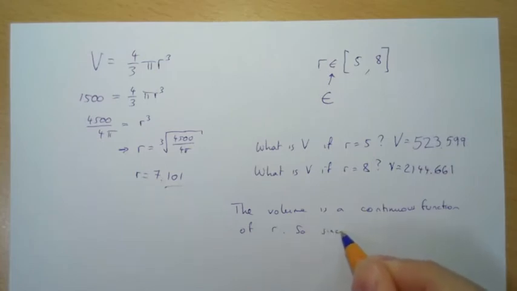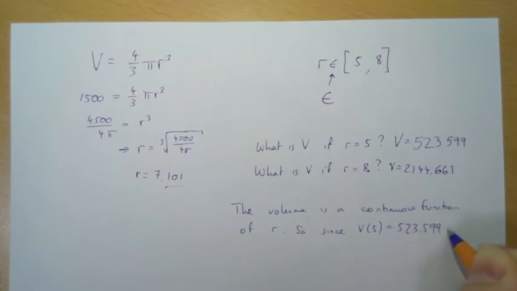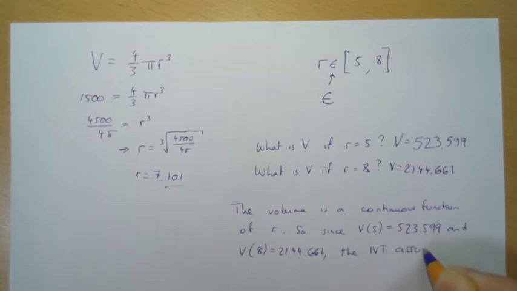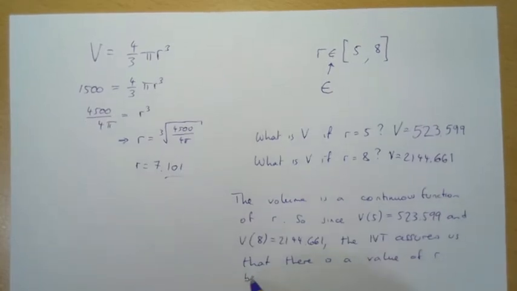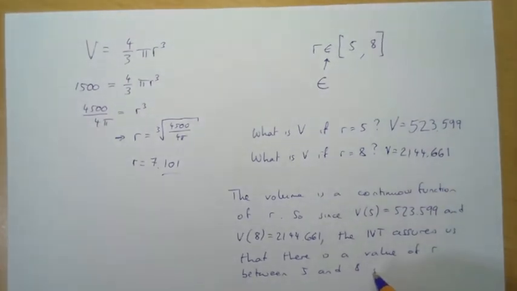So since the volume of 5 is 523.599 and the volume of 8 is 2144.661, the IVT assures us that there is a value of r between 5 and 8 such that V of r equals 1500.